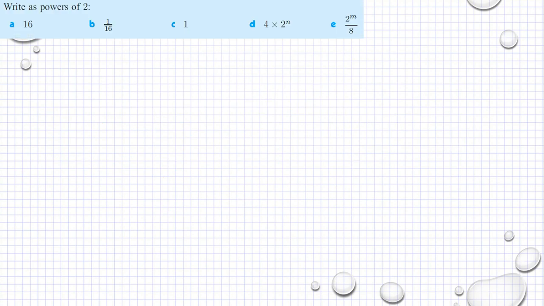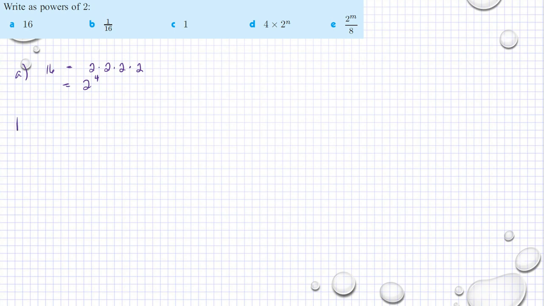Next example. Write as powers of 2. And we have a there. We have 16 is equal to 2 multiplied by 2 multiplied by 2 multiplied by 2. That's 16. So we have 2 raised to 4.